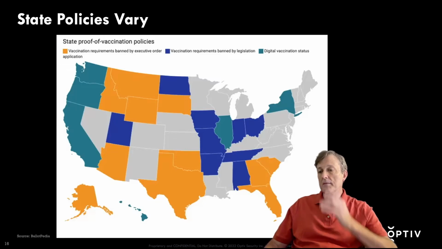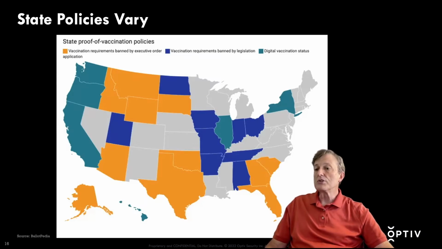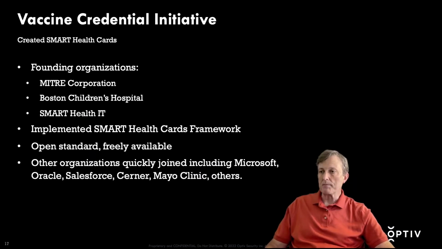For instance, in New York City for a while, if you wanted to go into a restaurant, you had to show some sort of credential, and they have their own app with a digitally verified credential in it that you use to solve that problem. So the national solution, notwithstanding states like New York that implemented their own, was the Smart Health Card.